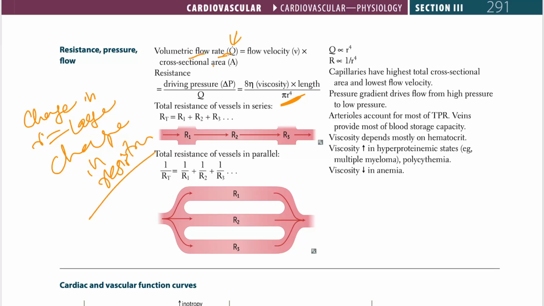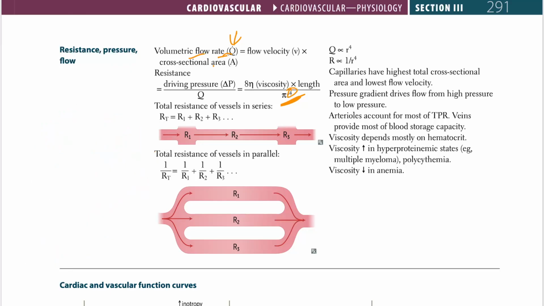Why? Because the power is 4. So if you change a radius by a very minimal amount, it's going to change the resistance of the vessel a lot. So that is a high yield point.